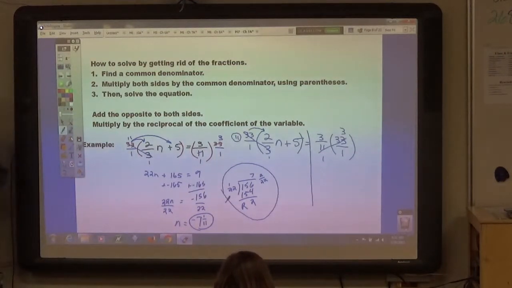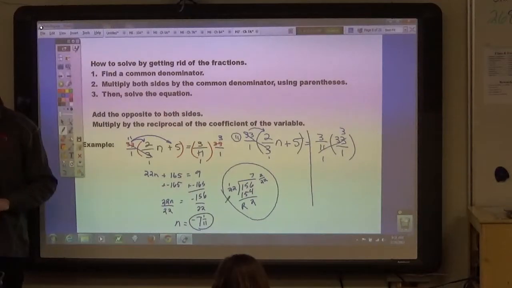Let's try another one. Let's go to your homework. Let's start with number 2. Oh, I'm sorry. No, let's start with number 4. That one says solve the equation: 5/8 c minus 8 equals 12.